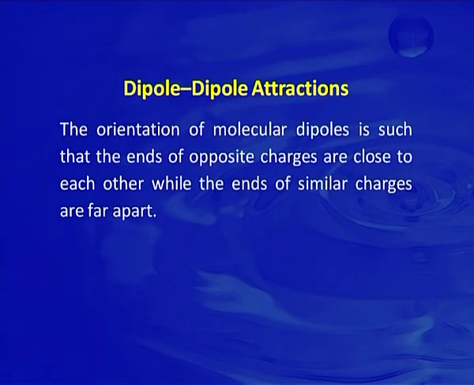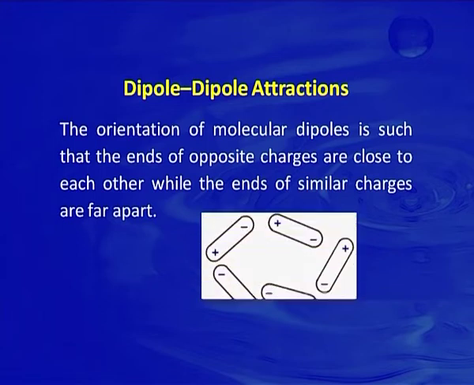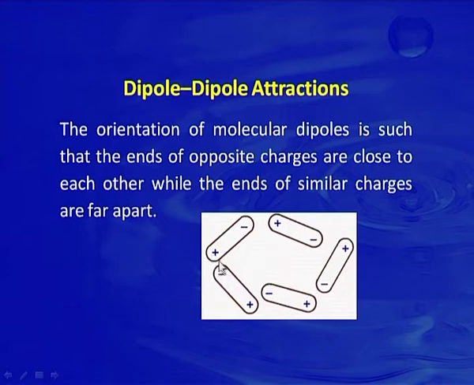The orientation of molecular dipoles is such that ends of opposite charges are close to each other, while the ends of similar charges are far apart, as given in the diagram. Here the positive and negative charges come closer, whereas the negative and negative charges repel each other.